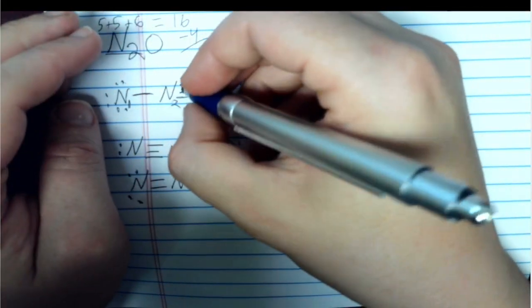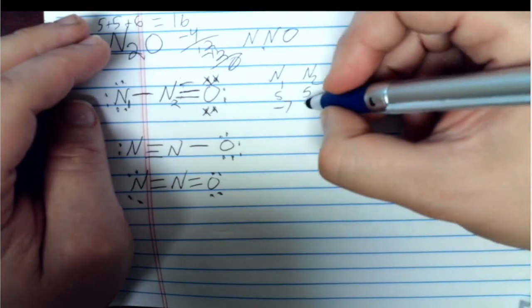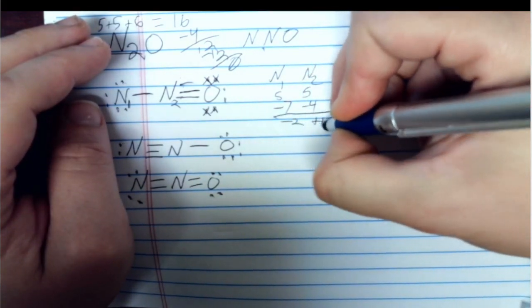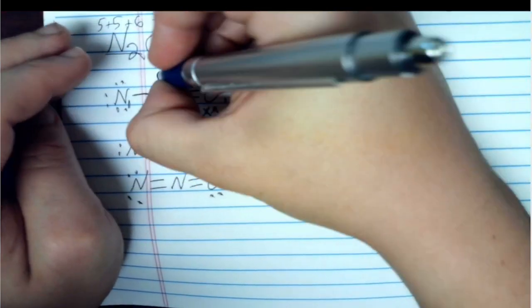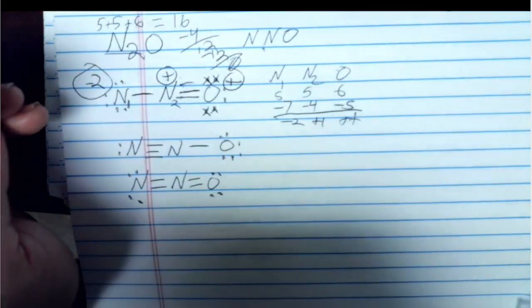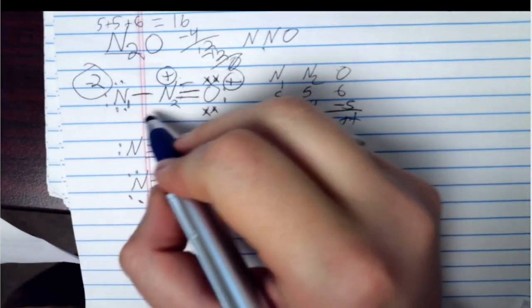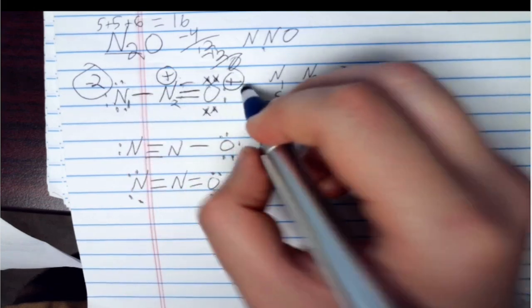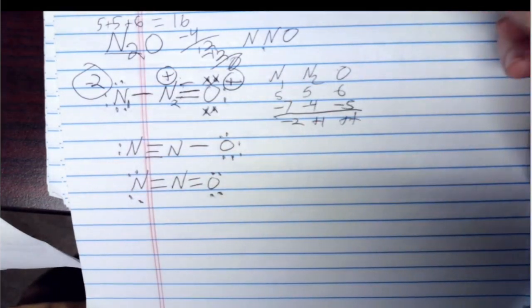And then we have 1, 2, 3, 4. So we have minus 2, plus 1, plus 1. So positive, positive, minus 2. That one is probably the worst structure. Once again, 1, 2, 3, 4 positive charges.